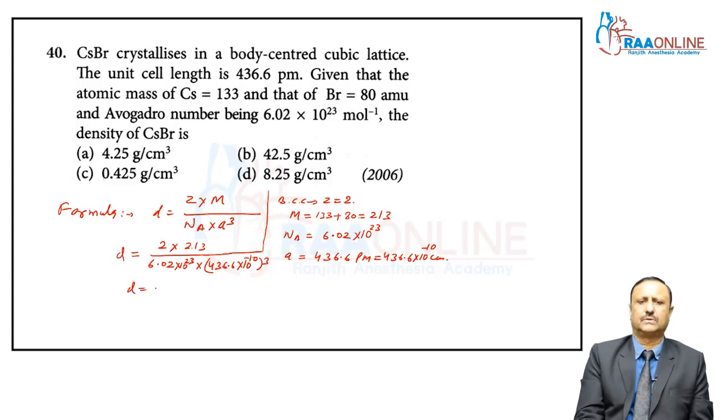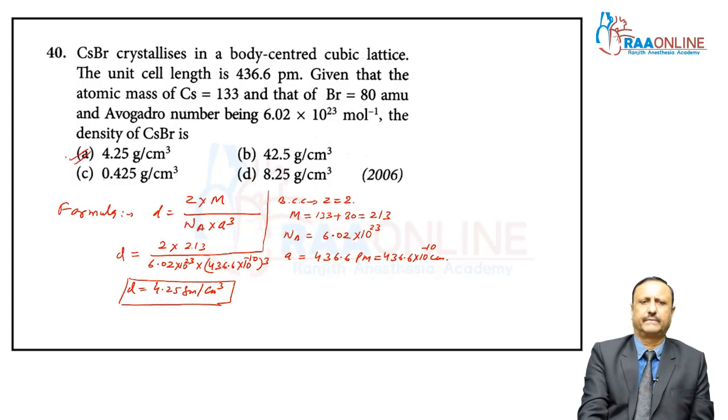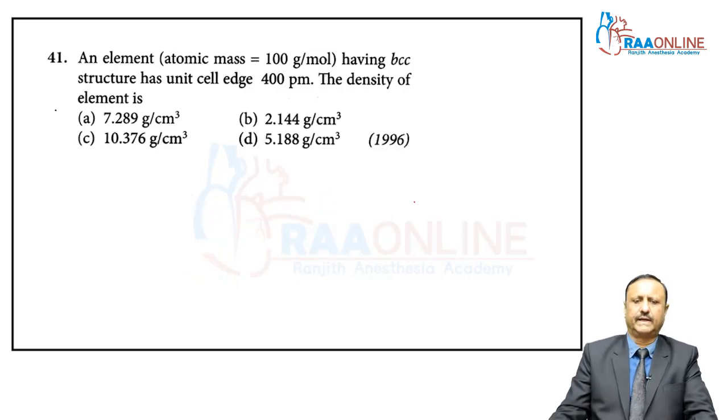When you solve this problem you get 4.25 grams per cubic centimeter. So this is your answer, and this answer is given in option A. So you can go to option A for question number 40. This question was asked in the 2006 NEET exam. The answer is A. Now my dear students, we can go to question number 41.